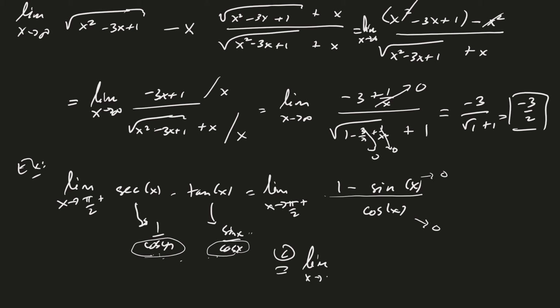Pi over 2 from the right, so that's going to be minus the cosine of x divided by the cosine of x... divided by minus the sine of x. Then what is cosine of pi over 2? That is 0. So this is 0 divided by 1, and that is 0. Good.